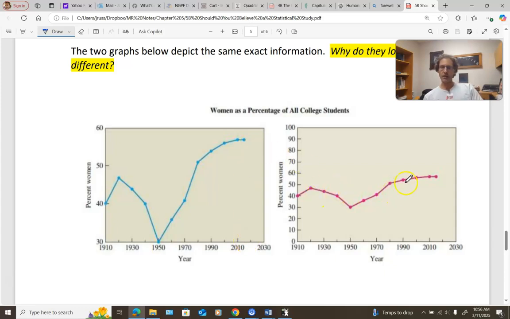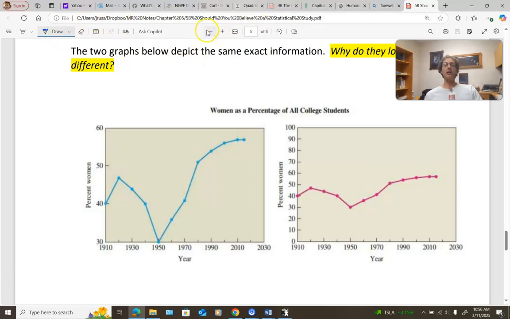But when you look at it over here, where you can see the entire axis, these changes don't look nearly as dramatic. So shrinking, or rather stretching, that vertical axis can make these changes or trends appear much more dramatic or less dramatic, depending on what your agenda is.